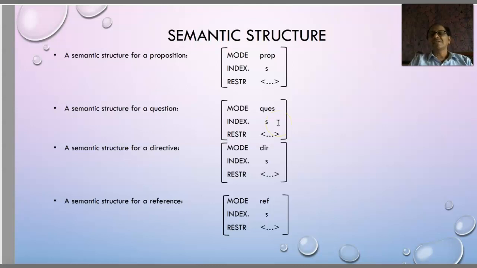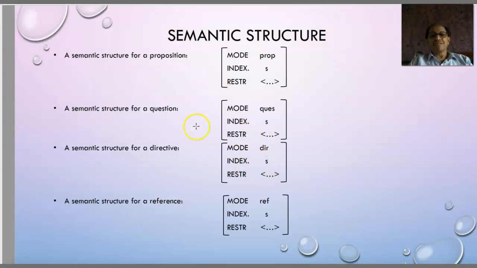When I say, is John happy? That question occurs in a particular situation. So, whether it is a proposition or a question, there is a situation. That's the S we are giving as index. Similarly, directive will have mode value directive and index value S.